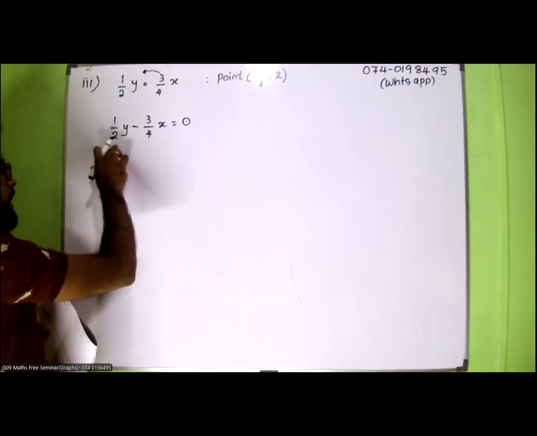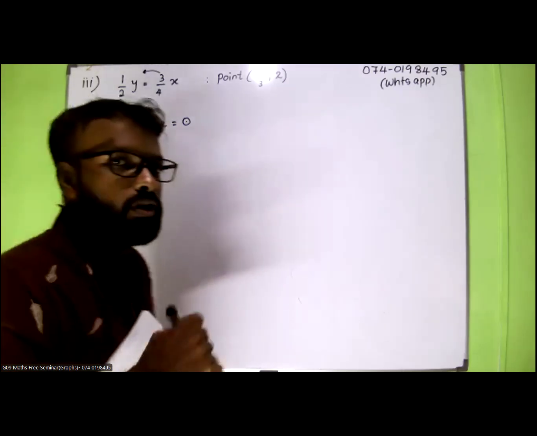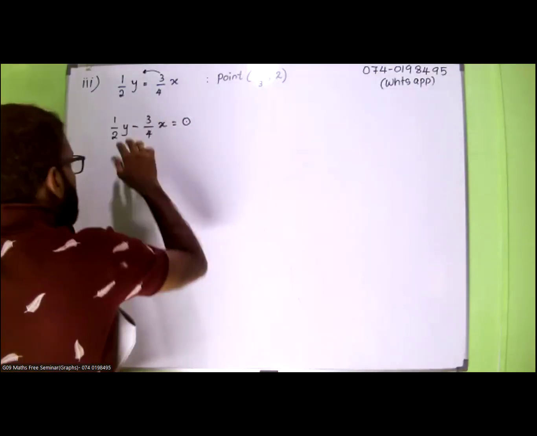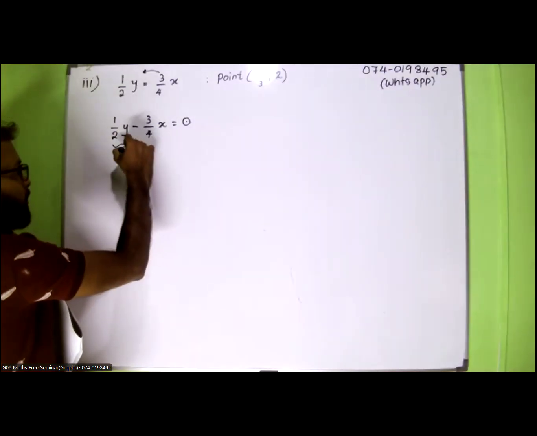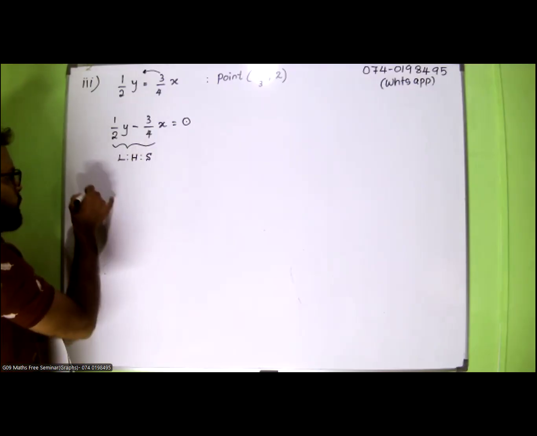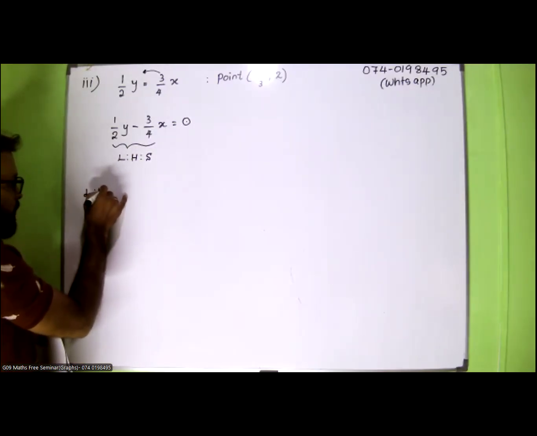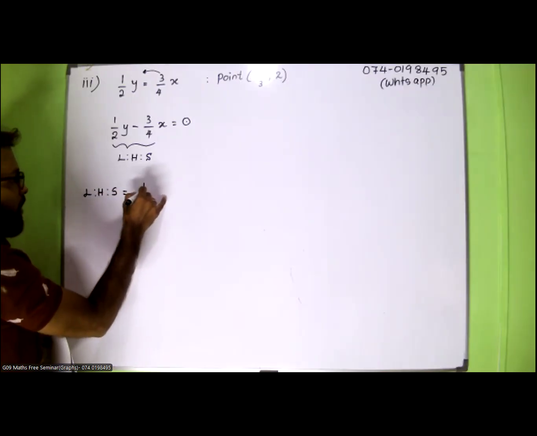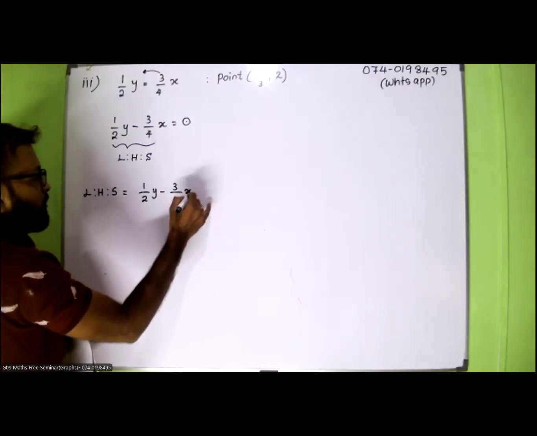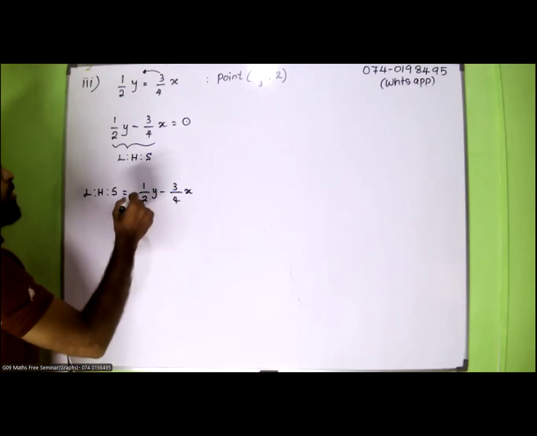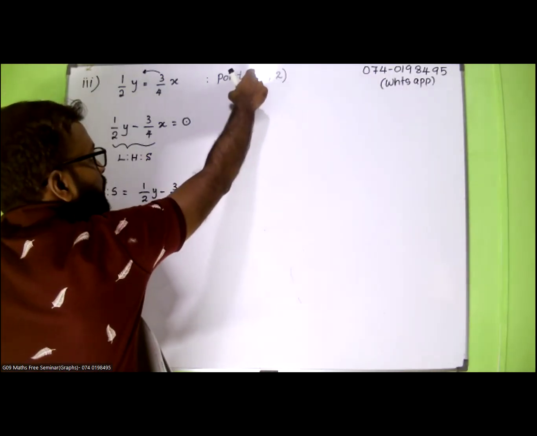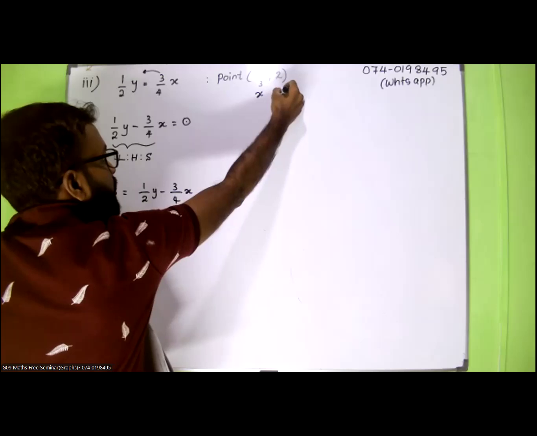Now here you have LHS, left hand side, equal to 0. So I will take this side as my left hand side. Now I will separately write my left hand side equals y minus 3 upon 4 x. Now, what are the points that I have? This is the point: x coordinate is this, y coordinate is this.